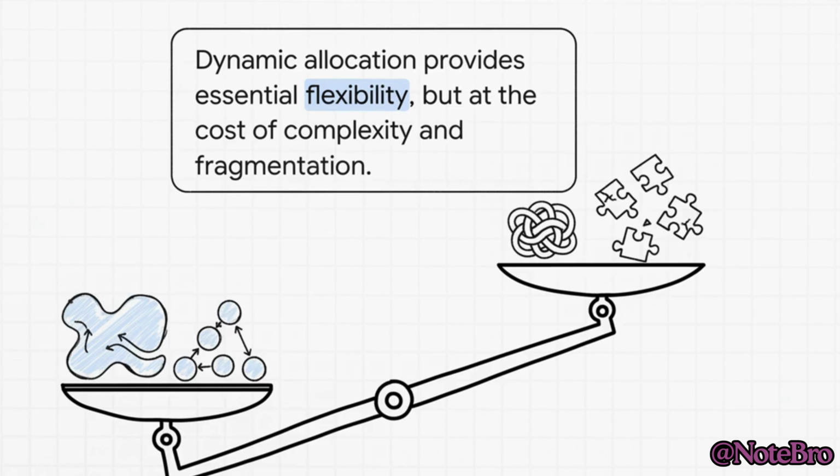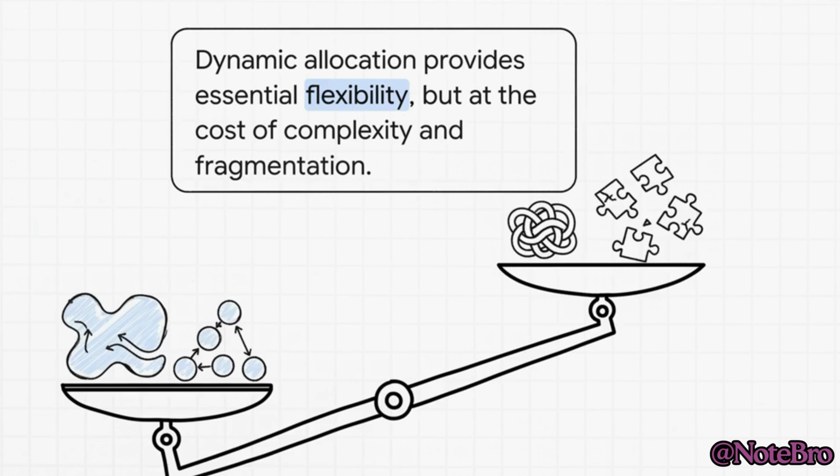So the takeaway here is pretty clear. Dynamic allocation is an absolutely essential tool. It gives our programs the flexibility they need to work in the modern world, but it's not free. That flexibility comes at a price: the complexity of managing that free list and the constant fight against wasted space from fragmentation.